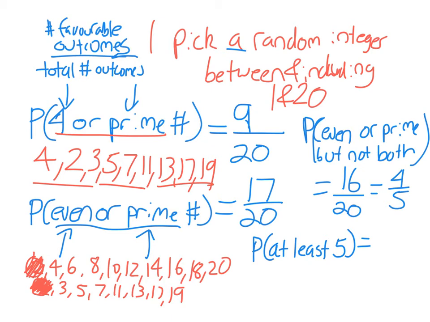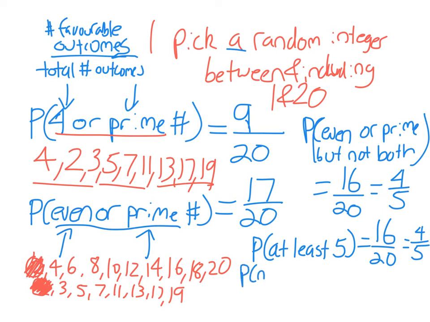It's either 5, 6, 7, 8, all the way up to 20. If you're not sure off the top of your head what this is, it might be easier to use complements. If I don't pick a number that is at least 5, I will pick either 1, 2, 3, or 4. So there are 4 ways that this event can't happen, so there must be 16 out of 20 ways it can happen, which is again 4 over 5, okay?